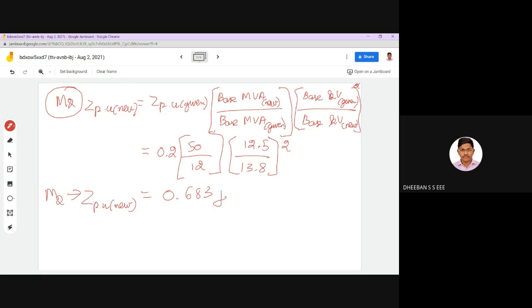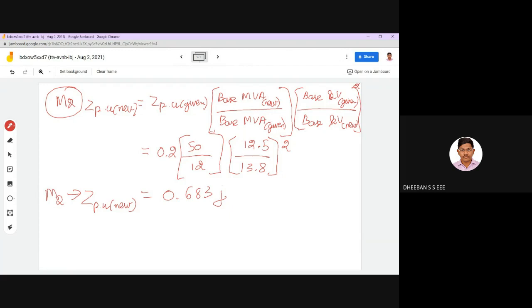After this, they have asked to draw the reactance diagram. As I said, the purpose of the single line diagram, impedance diagram and reactance diagram is that it is an easier representation of your entire power system. You have to know why you are solving this problem.